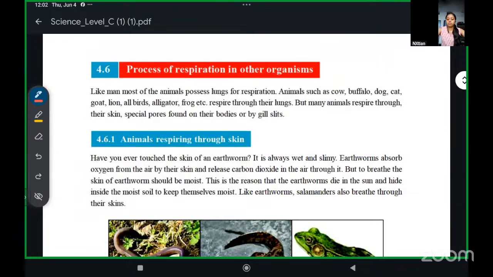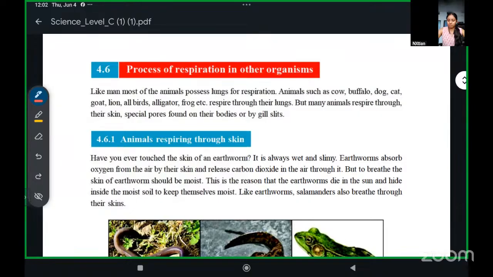The respiration process in other organisms. Many organisms breathe in different ways. The common way is breathing through their lungs, the respiration that humans do.